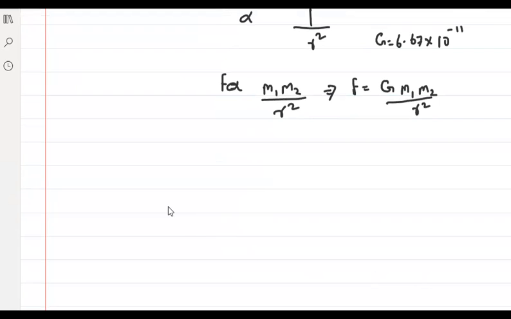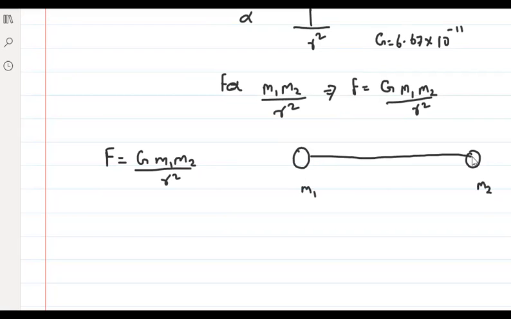Magnitude wise, the gravitational force is given by G m1 m2 by r square. So we have this object m1 and this other object m2, and the distance between their centers is your r.